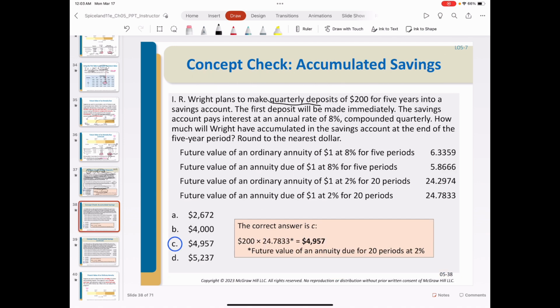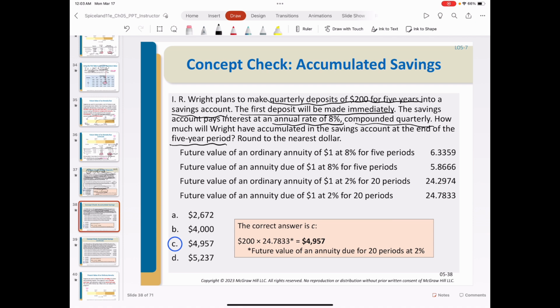Quarterly deposit $200 for 5 years into a savings account. The first deposit was made immediately. That means at the beginning. Interest rate 8%, compounded quarterly. How much will he save or accumulate at the end of 5 years?